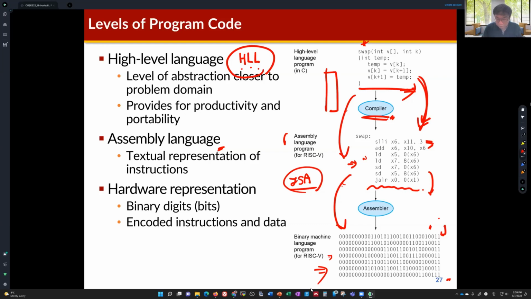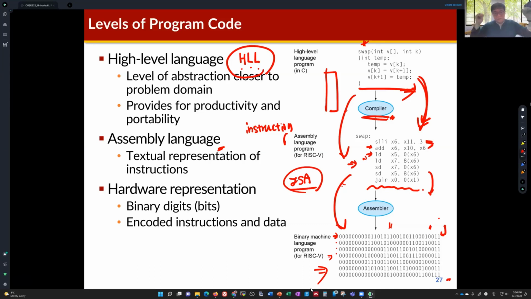Actually, every line of assembly code represents an instruction. And then this instruction is translated into a line of this digital data one by one. So SLLI x6, x11, 3 is translated into this line.